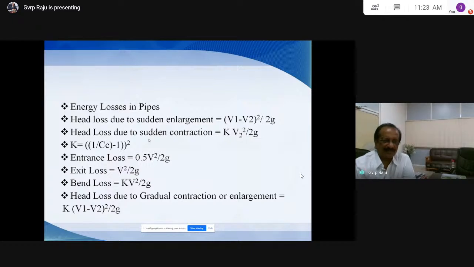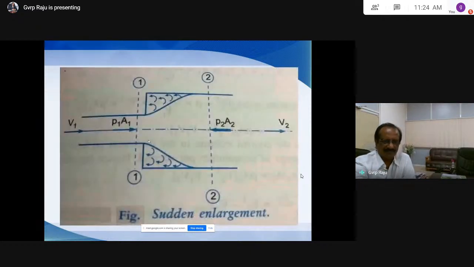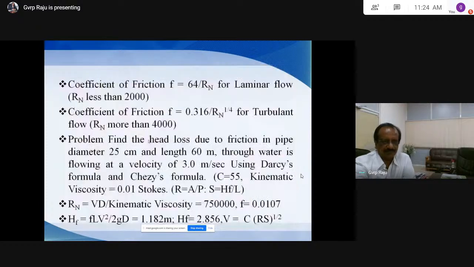All these are very much required for continuation of this chapter. So try to remember these equations, very important, so that you can follow the subsequent topics very easily without any issue.